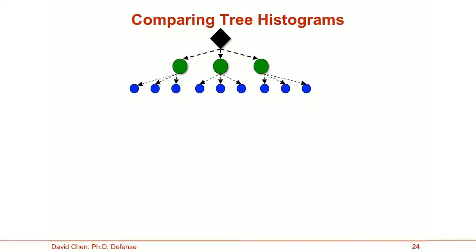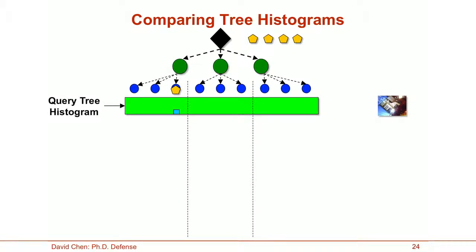Once we have the tree, we can compare tree histograms to evaluate image similarity. For the query image, we will quantize all of its feature descriptors through the tree. Suppose the first feature follows a particular path and reaches that leaf node. We'll update the count in the corresponding bin for the query tree histogram. Similarly, another feature follows a different path and votes for a different bin.